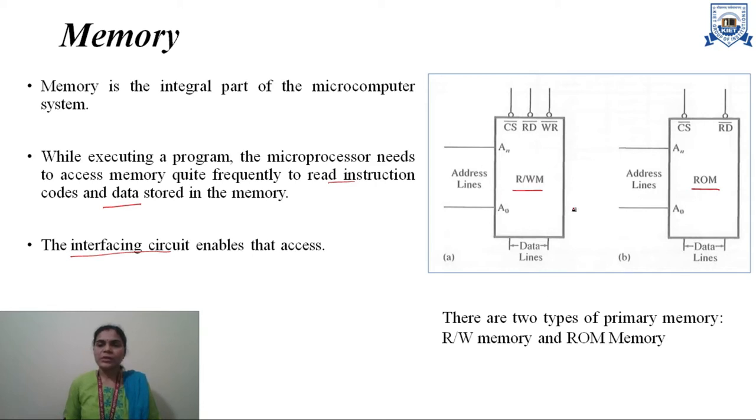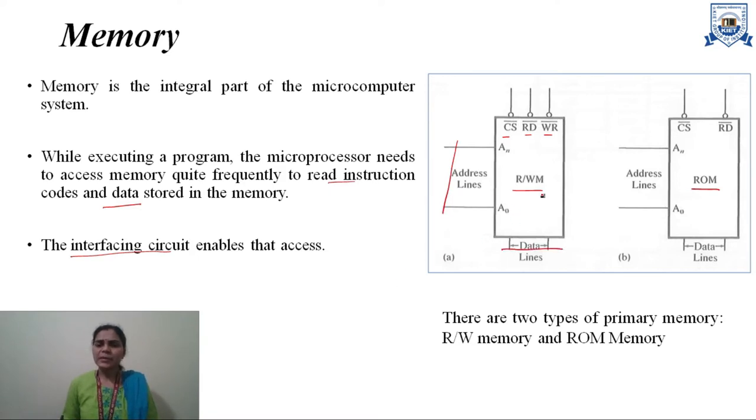So in this image, the chip diagram for both the memories has been given. Here you can see the read-write memory chip has a read signal, a write signal, a chip selection signal, some address lines and some data lines.